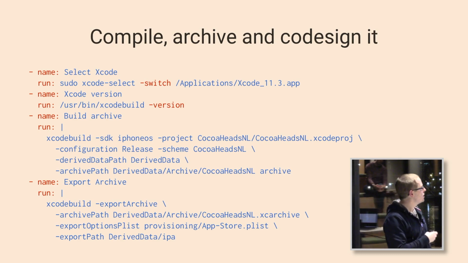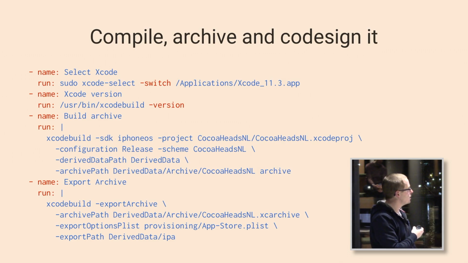So you say what SDK it should run against. It could be a simulator as well or macOS. Then you say which project. You can also select a workspace, of course. And then I want a release configuration for my CocoaHeadsNL scheme, and I'll output all my derived data to be dumped in the derived data path.